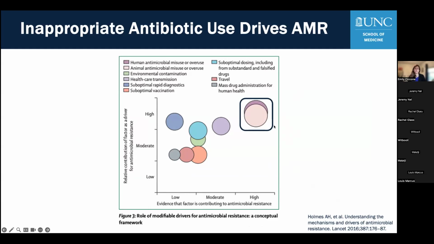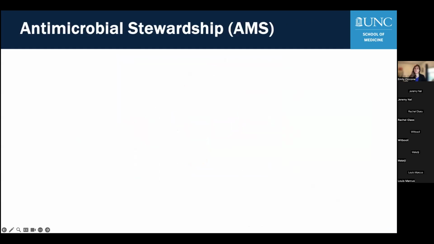What you can see is that the factors with the highest evidence and also the highest relative contribution are human and animal antimicrobial misuse or overuse. So this is the most important modifiable risk factor for preventing the spread of antimicrobial resistance. That provides a framework for why antimicrobial stewardship is important.